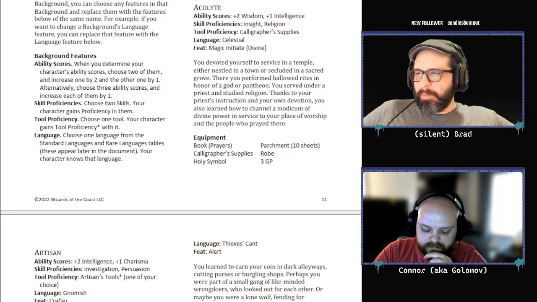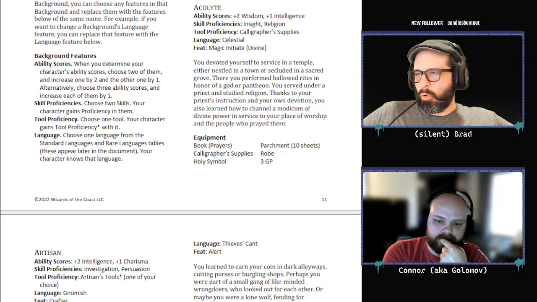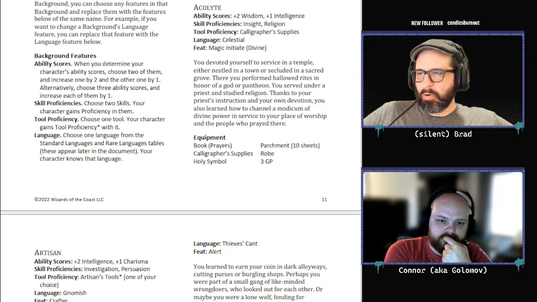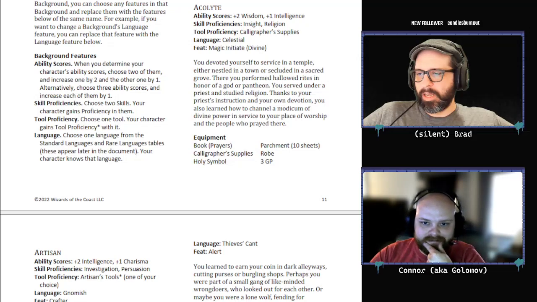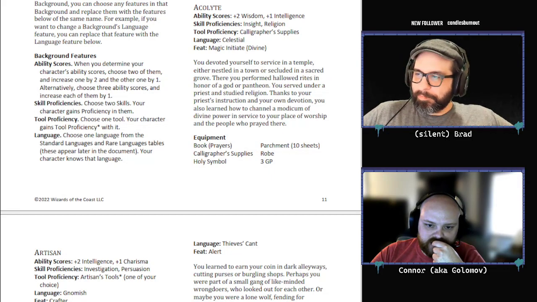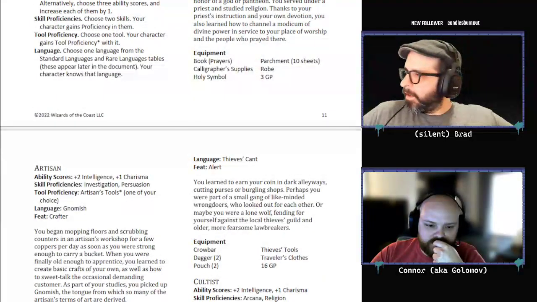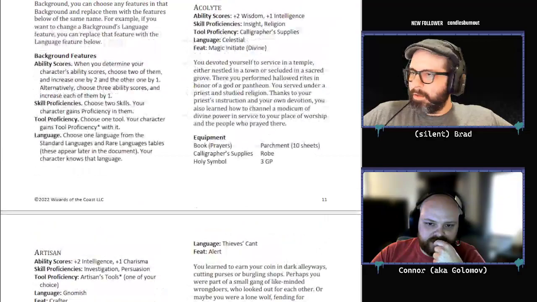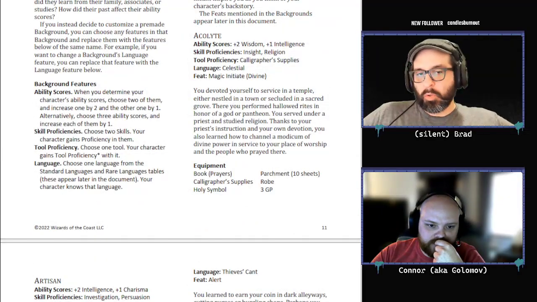And then your equipment: prayer book, parchment, calligrapher's supplies, robe, holy symbol, and 3 gold. 3 gold is what's remaining from the 50 gold that you get to spend on equipment. So you get 50 gold total for your equipment. Oh yeah, your character gets a focus.